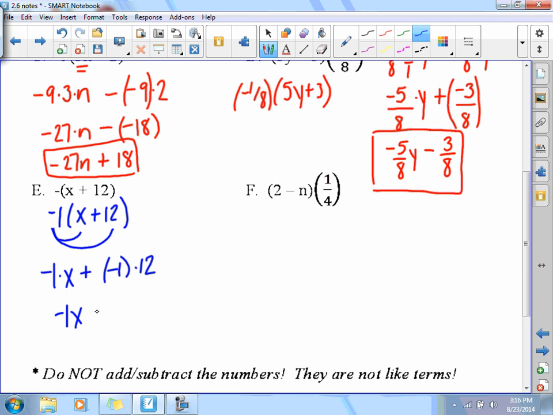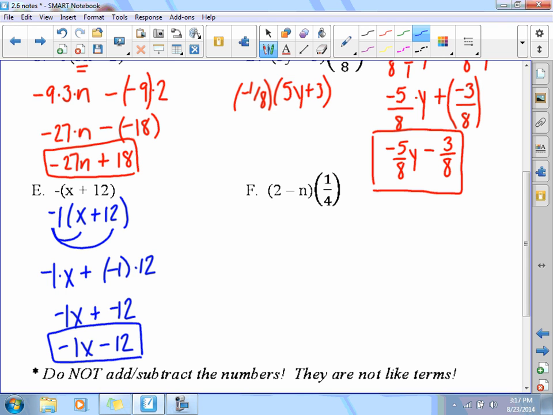And negative 1 times 12 is negative 12. Now again, I'm going to rewrite this just like I did in my last example. Instead of plus a negative 12, I'm going to write negative 1x minus 12. And if you wanted to just write negative x minus 12, that's okay too. If you wanted to turn that 1 back into a ninja, you could.